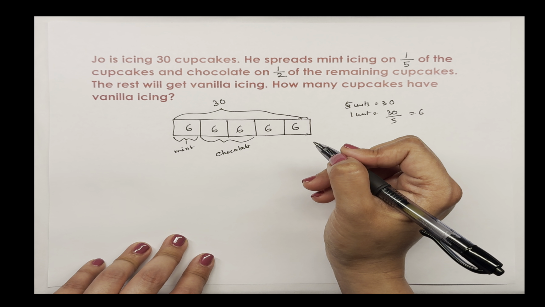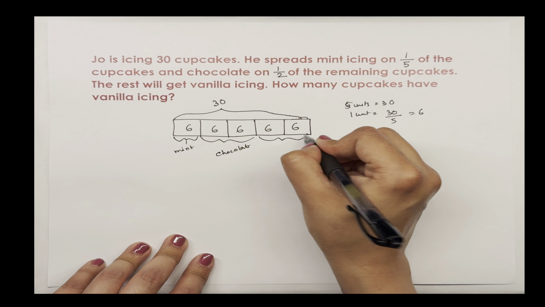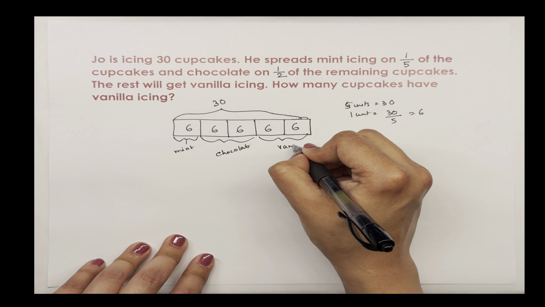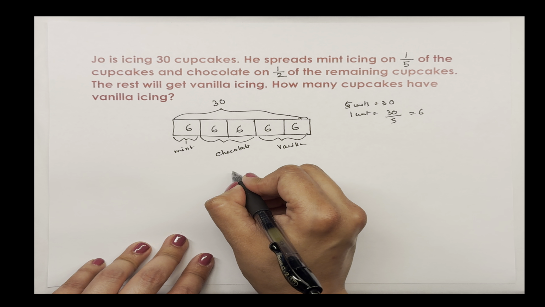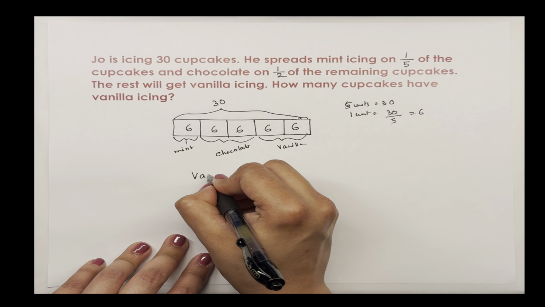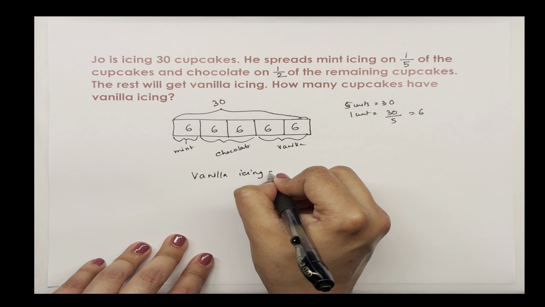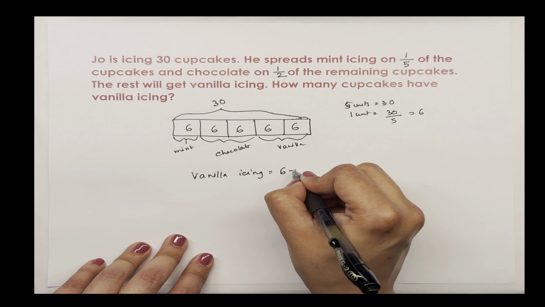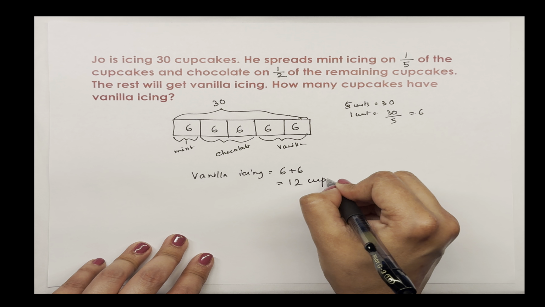The rest will be vanilla icing. So the number of vanilla icing cupcakes will be 6 plus 6, equal to 12 cupcakes.